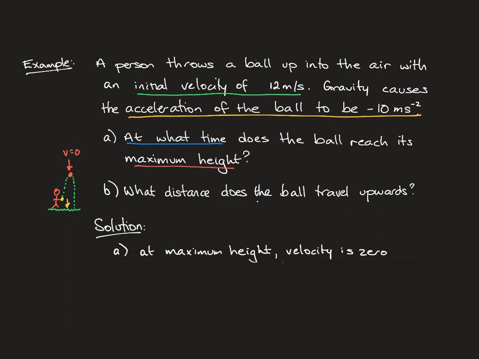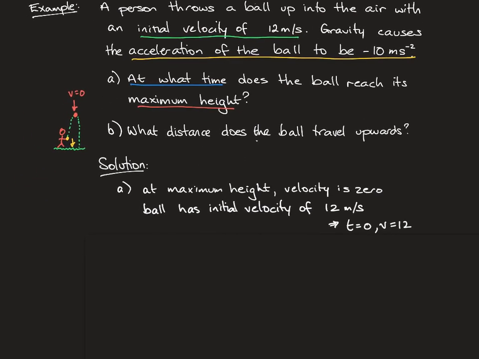At maximum height, the velocity is equal to 0. And the ball has an initial velocity of 12 meters per second. So that also tells us at t is equal to 0, v is equal to 12. To find velocity, the only thing we've got is an initial velocity and an acceleration. Because we've got an acceleration, we can find a formula for velocity by integrating our acceleration.